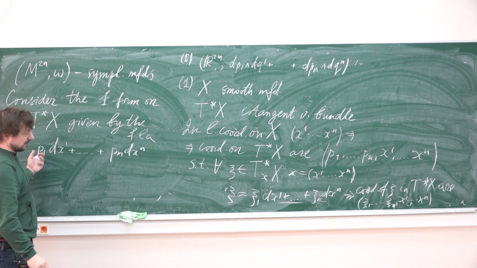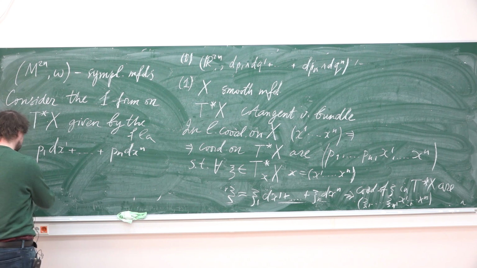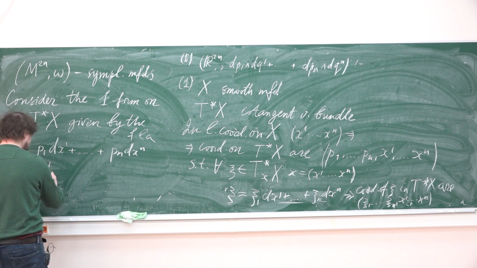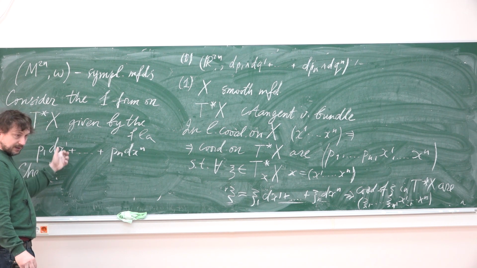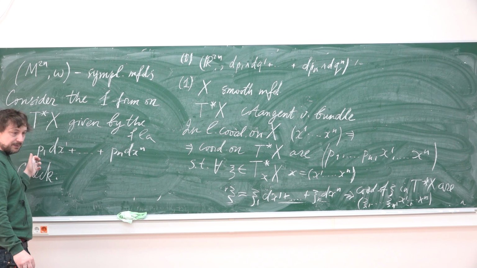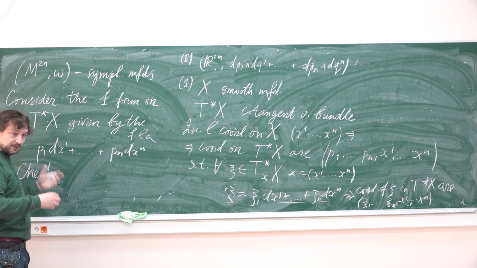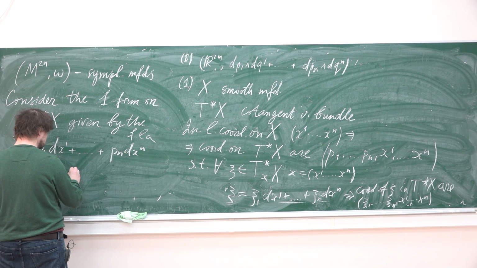You see, this expression seemingly depends on the choice of coordinates, but in fact it does not. Check it. Because of the tensor rule, when you change coordinates of x, when you change xi to xi prime, you simultaneously need to change pi to pi prime, and the tensor rule will cancel out. Right? Check that this is well defined.